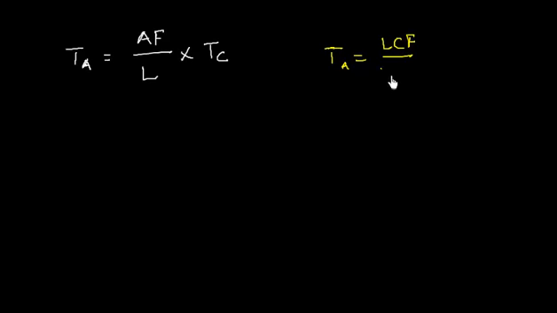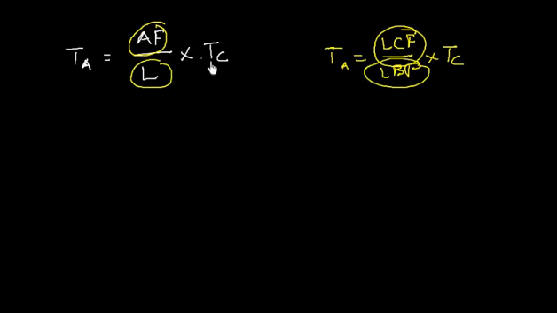Now let us work out what is the trim aft. Change in the draft aft will be AF divided by L into TC. Well, we had found this formula that TA is LCF divided by LBP into trim. In the short form, instead of LCF, I am writing this AF, and instead of LBP, I am just writing L, and into TC.